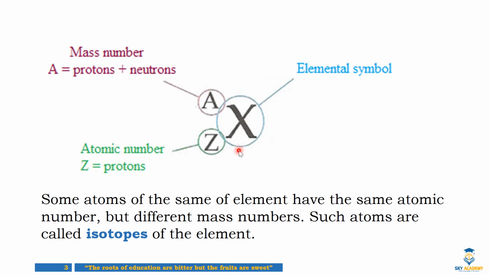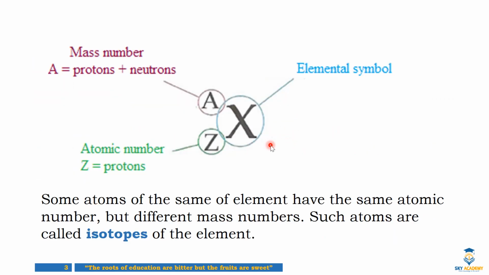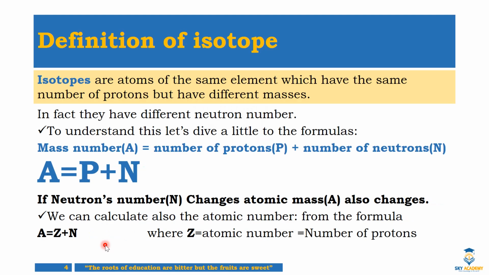The third atom has atomic number of 8 and the mass number of 18. So those atoms are said to be isotopes.